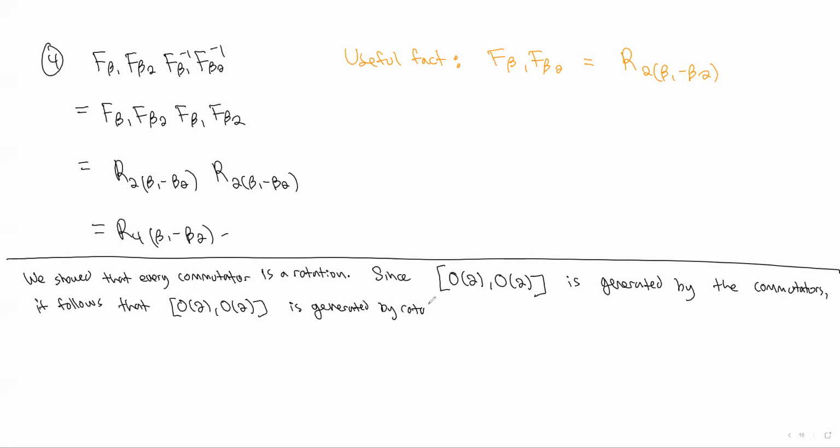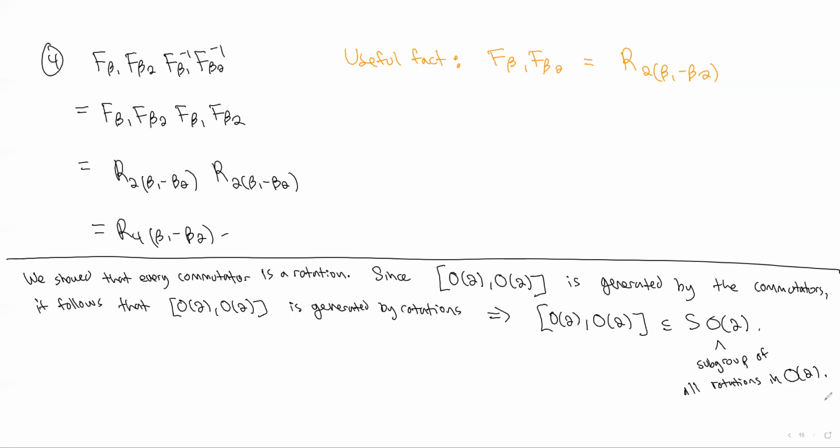Since every commutator is a rotation, hence it must be contained in SO2. This SO2 is called the subgroup of rotations. So since this subgroup is generated by rotations, it must be contained in the subgroup consisting of all rotations, right? Because it's generated by rotations. Okay, so we proved one direction.